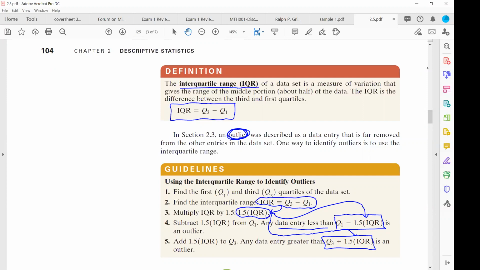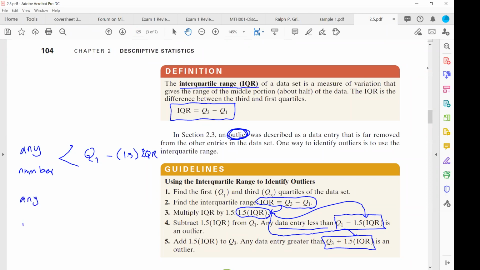So, any number in the collection less than Q1 minus 1.5 times interquartile range is an outlier.